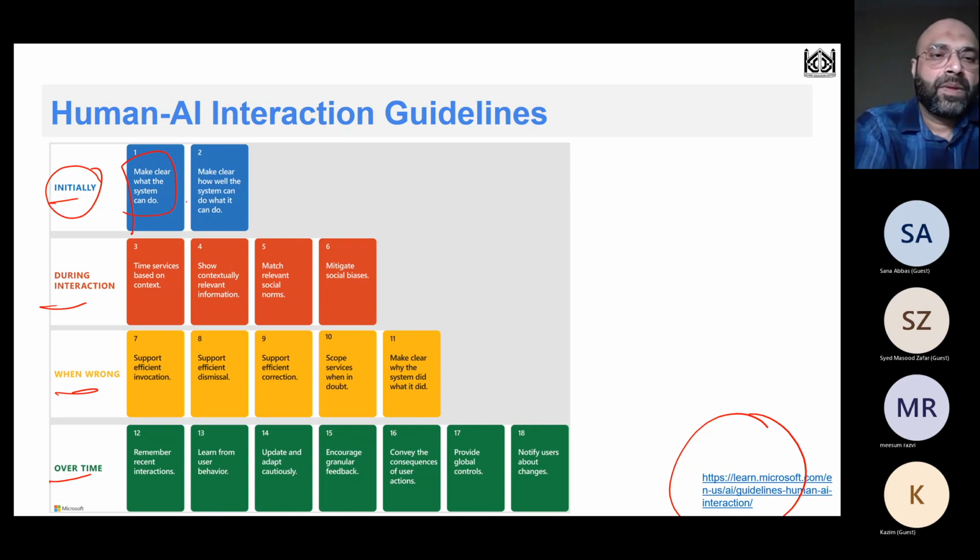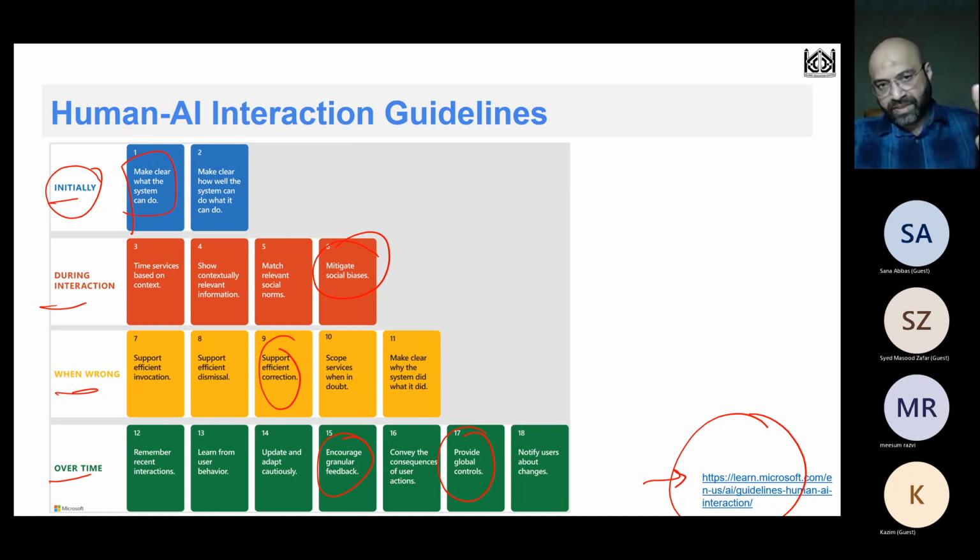So what are those guidelines? When we initially interact with an AI system, we make clear what the system can do. This is either when we are building the system, or the system is given to us to consume. On the Microsoft website, once you click on it, it will give you more detailed bullet points on a specific area. If anything goes wrong, support efficient correction; over time, provide global control, encourage granular feedback, or mitigate social biases.